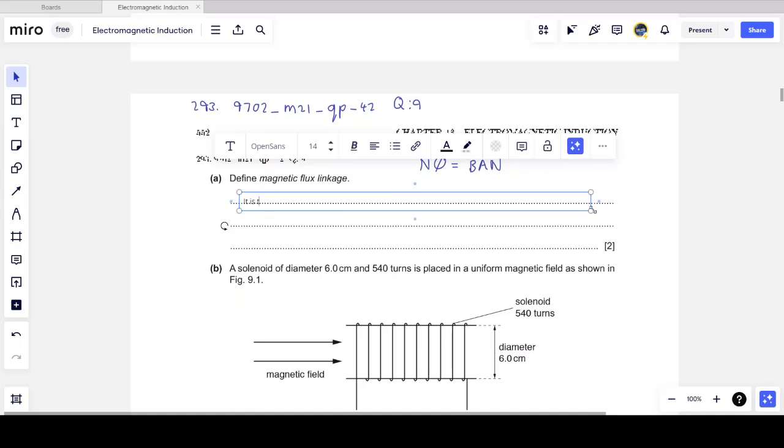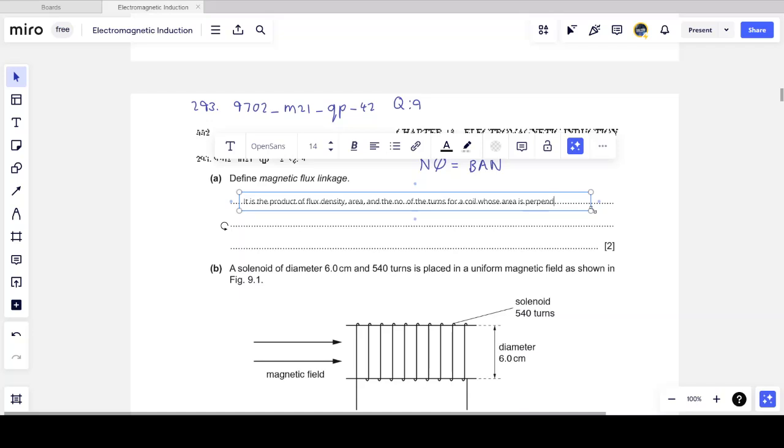Again, this is something that you will read many times and eventually not forget. It is the product of magnetic flux density. I'm too lazy to write down the word magnetic, but it's the product of flux density, cross-sectional area, or simply area, and the number, I'm going to write NO, but you will have to write the full word, the number of turns, and I'm going to say specifically for a coil whose area is perpendicular.